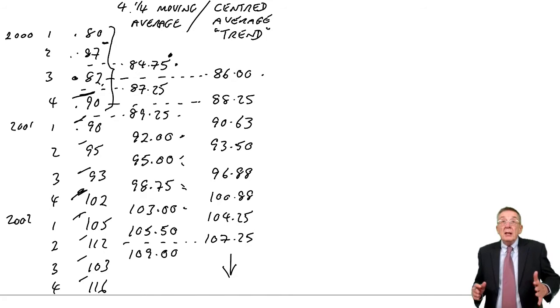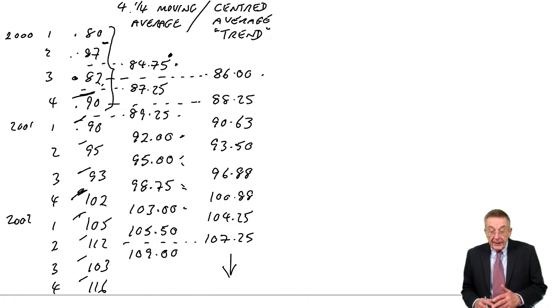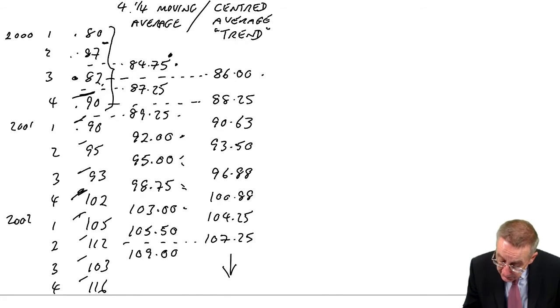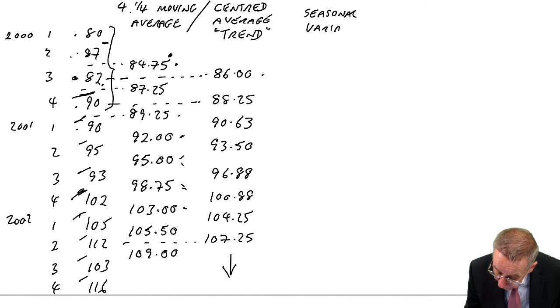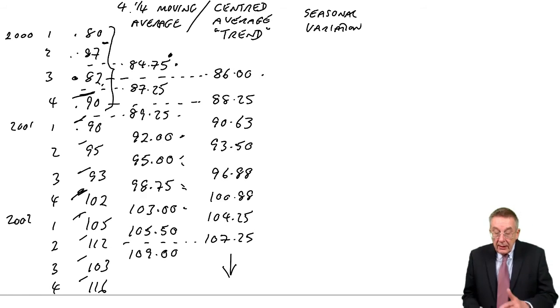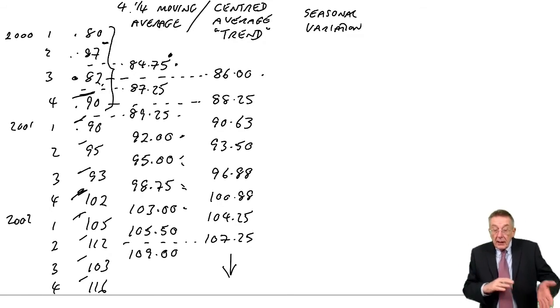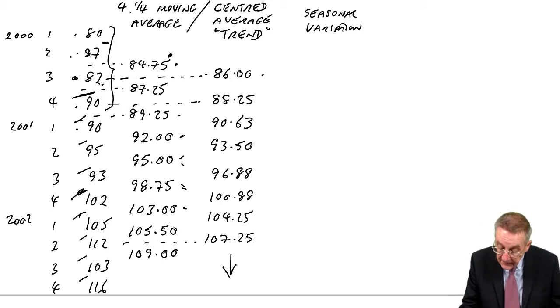But also, we can forecast or measure the seasonal variation. Let's look at the seasonal variation in each case. Let's look quarter by quarter and see how much higher or lower we were than the trend.